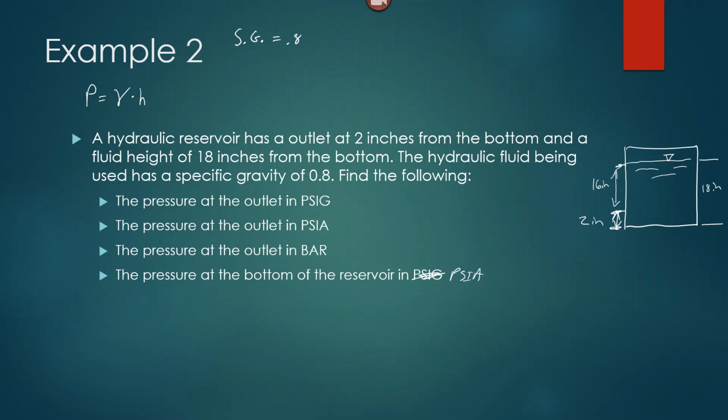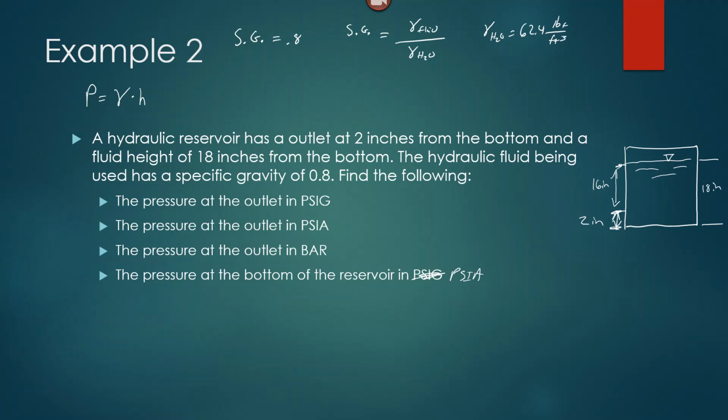Of course, we know that specific gravity equals the specific weight of the fluid divided by the specific weight of H2O, and the specific weight of H2O is 62.4 pounds force per foot cubed.